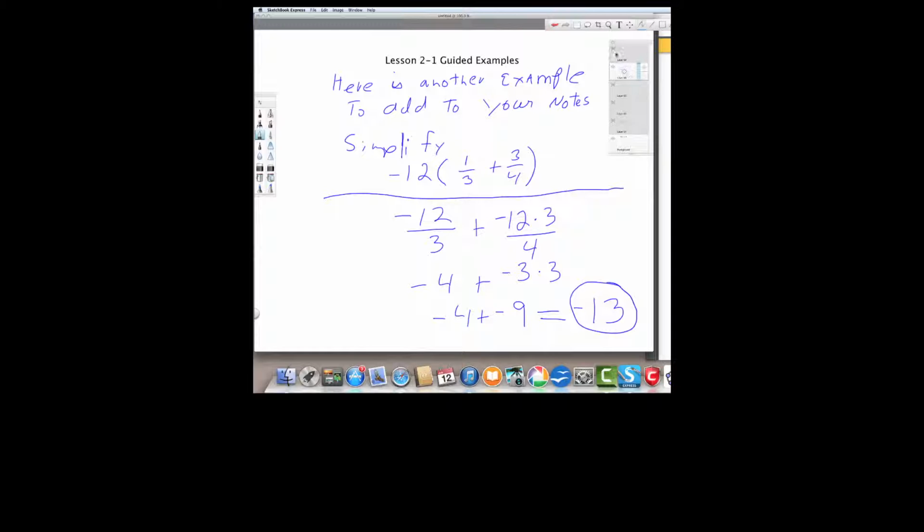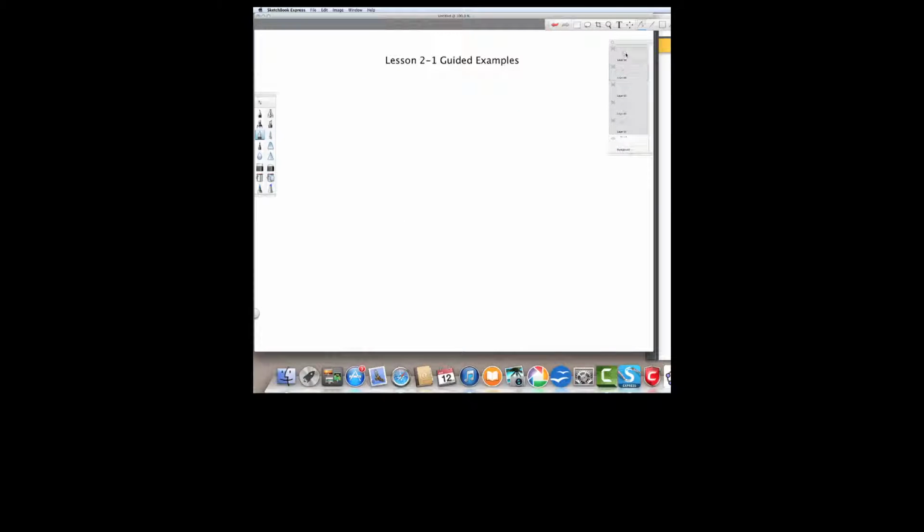Okay, take your notes, come on back, and we'll continue with the next one. This next one, I'm asking you to use the distributive property to write 30 plus 2x over 10 as the sum of two fractions. Now, remember that the fraction bar is a grouping symbol, and as such, it's as powerful as parentheses, and so in fact, this really represents a distributive property type of problem.